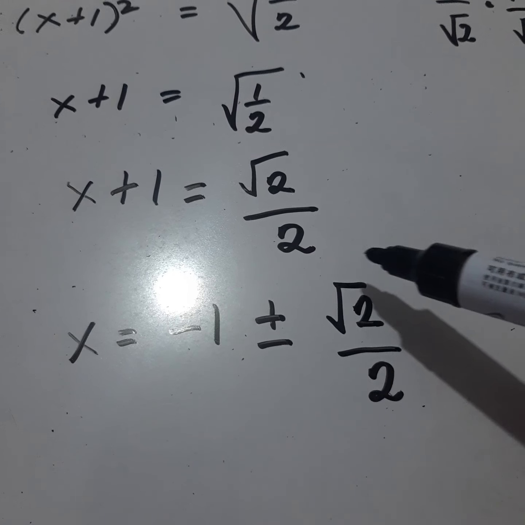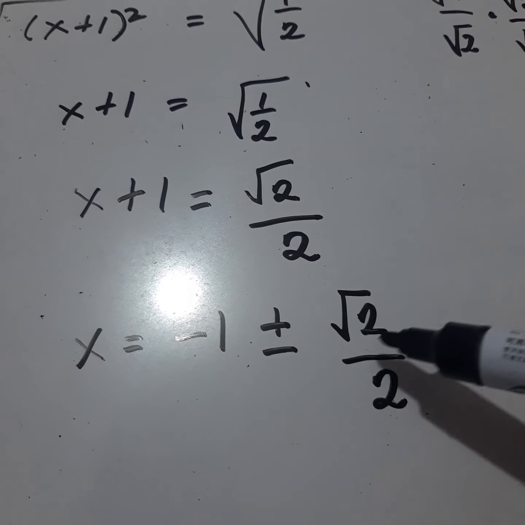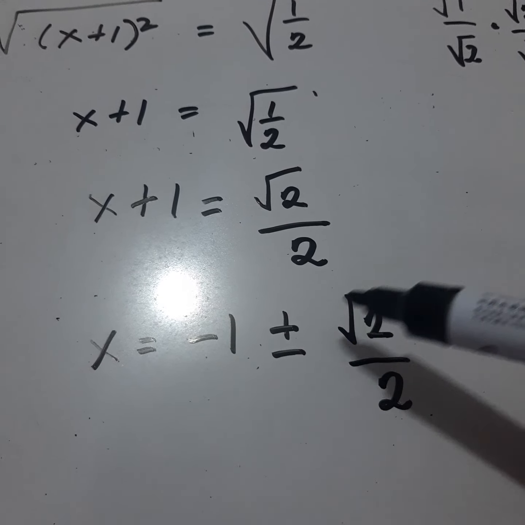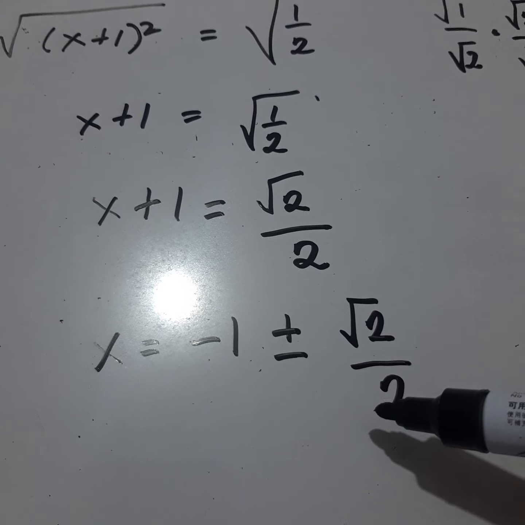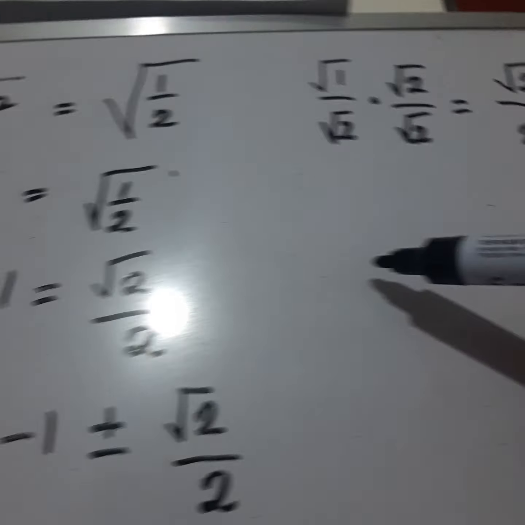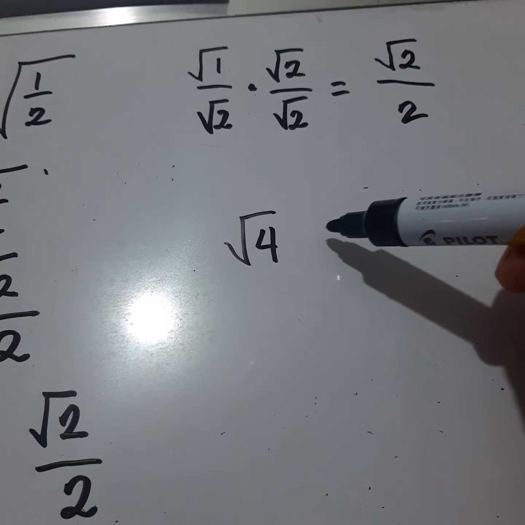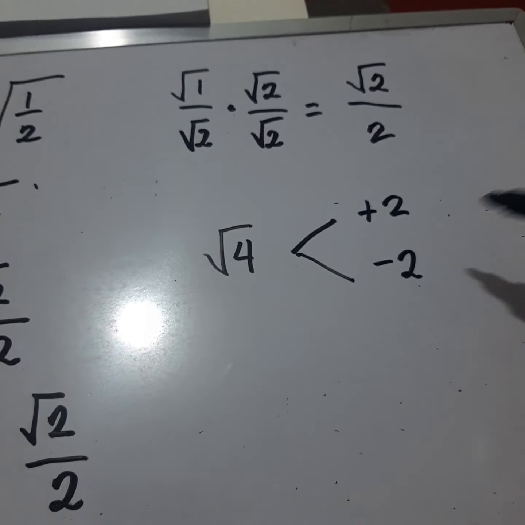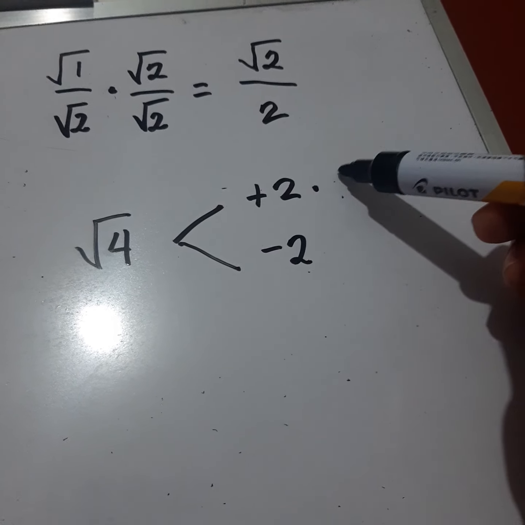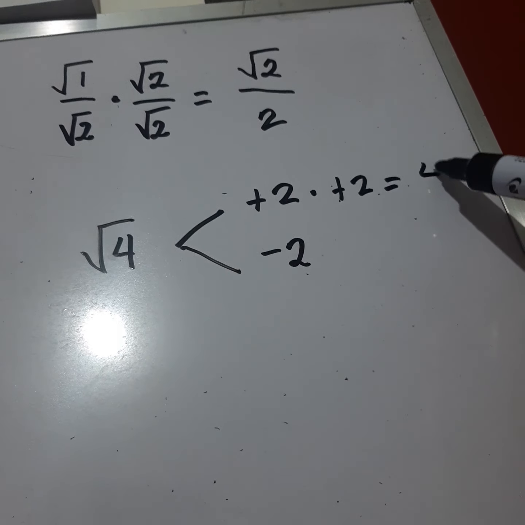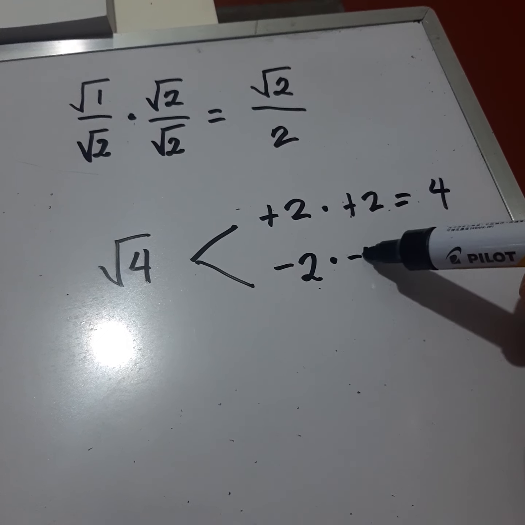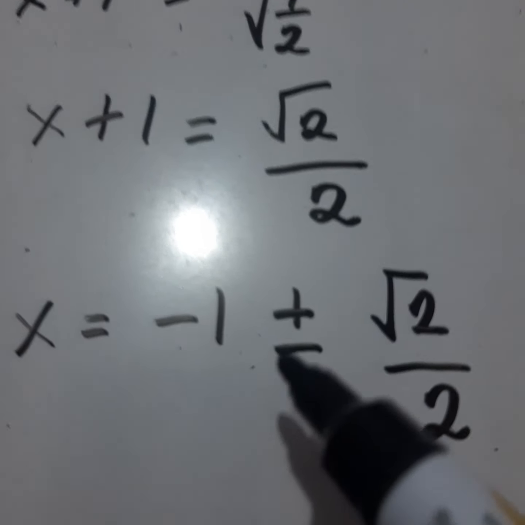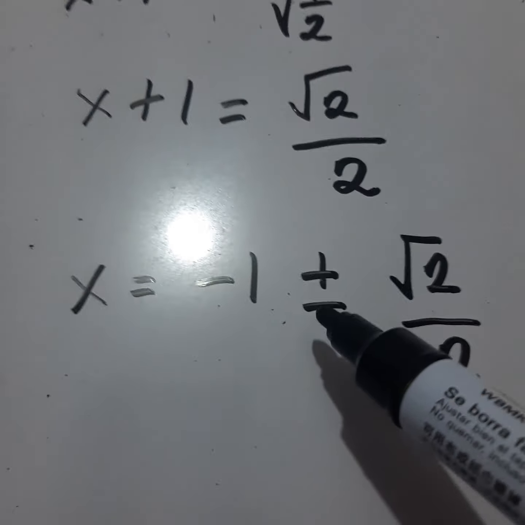Kasi 'di ba sa square root principle, the square root of a number is equivalent to its positive and negative. Halimbawa, square root of 4, this is either equivalent to positive 2 or negative 2. Kasi positive 2 times positive 2 is 4. And negative 2 times negative 2 is also positive 4. The reason why, meron siyang positive and negative.